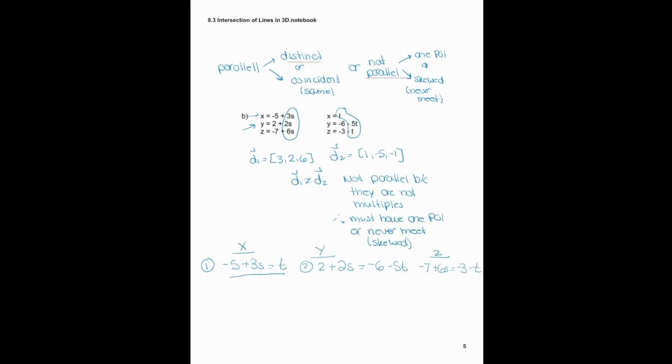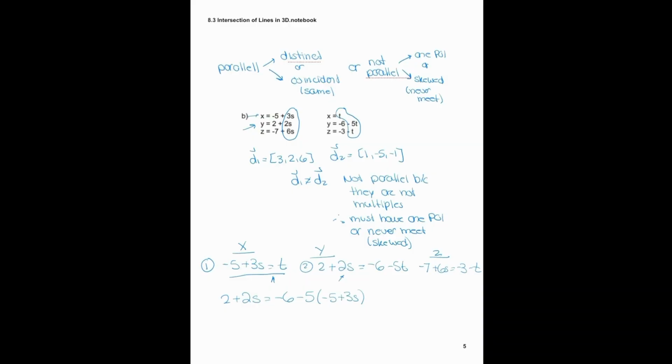And hopefully I have enough room to do this. So substituting equation 1 into equation 2, we get 2 plus 2s is equal to -6 minus 5, and I'm going to substitute my t value in of -5 plus 3s. Now I'm just going to expand, simplify, and solve for s.